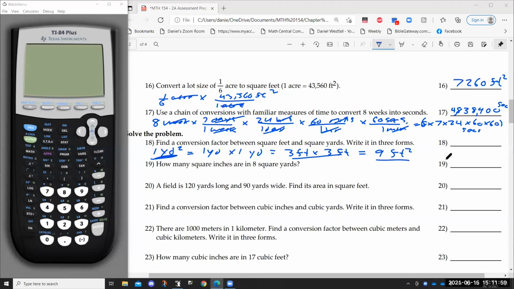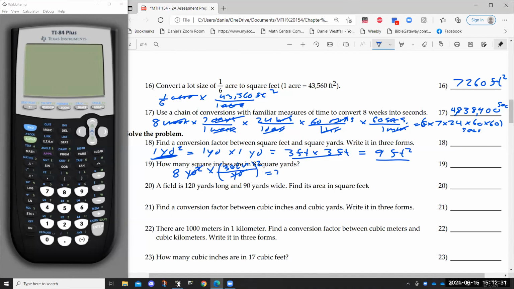How many square inches are in 8 square yards? So 8 square yards times, there are 36 inches per yard, but I need to square that. So square yards will cancel and leave me with square inches.